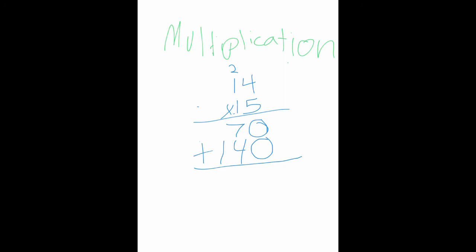So 0 plus 0 is 0, 7 plus 4 is 11, we put the 1, we carry the 1, and then 1 plus 1 is 2, and our answer is 210. So 14 times 15 is 210, and that's really all you need to know about multiplication.